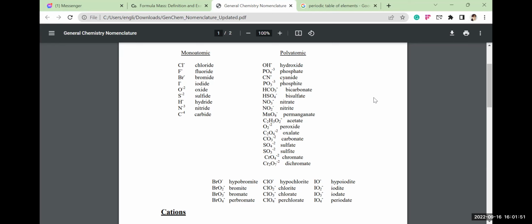Hmm. So what does gallium carbonate look like? Ga2, open and close parenthesis, CO3, 3. Uh-huh. Ga2, open parenthesis, CO3, close parenthesis, 3. Very good.